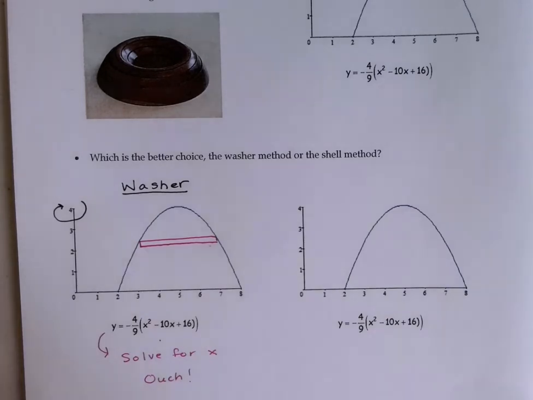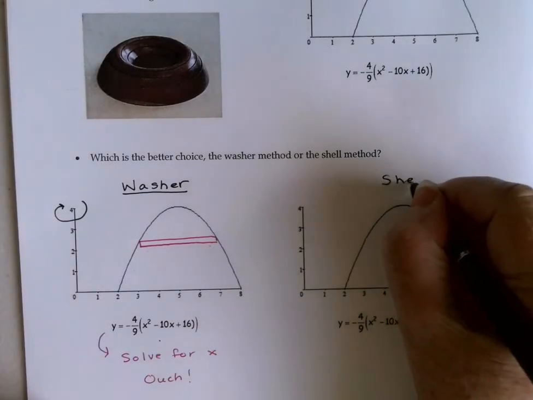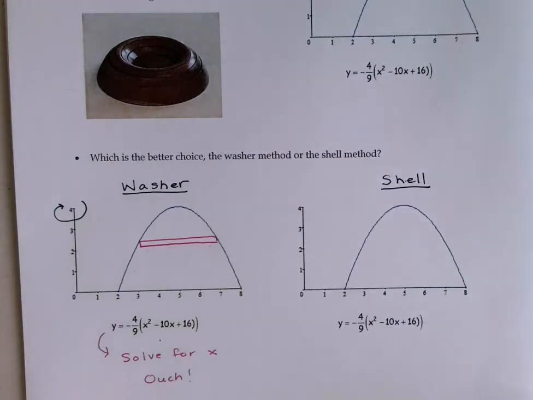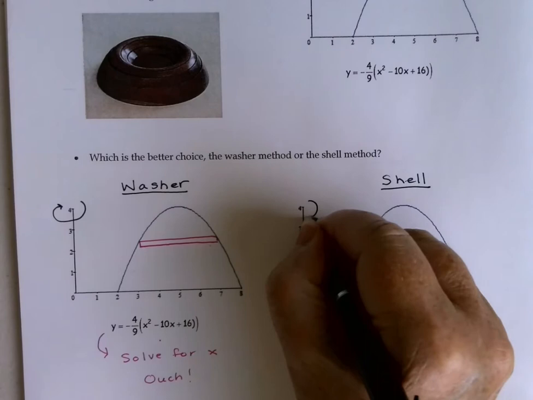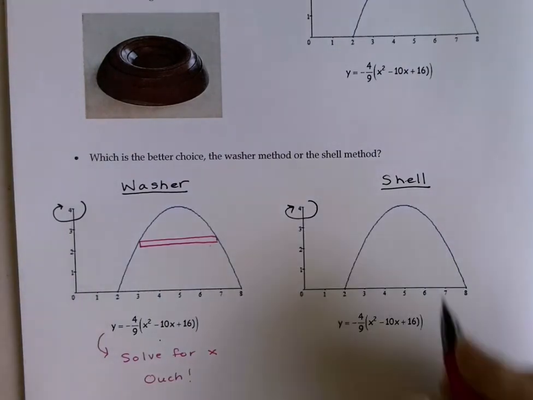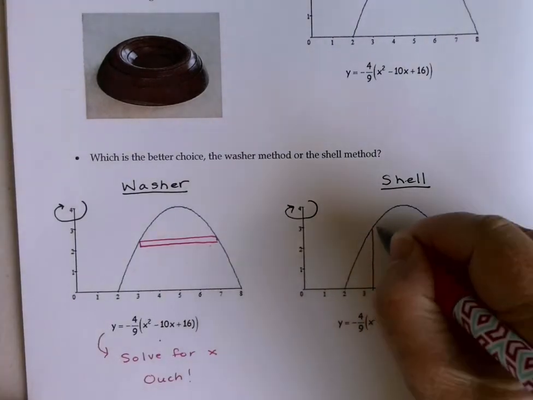What if I choose instead the shell method? With the shell method, we draw our rectangles parallel to our axis of rotation. So now I could draw my rectangles vertically.